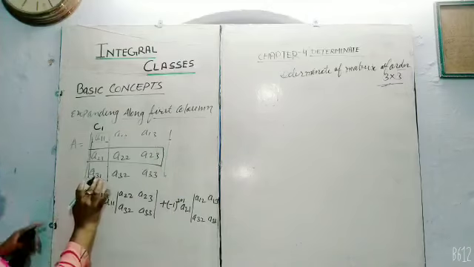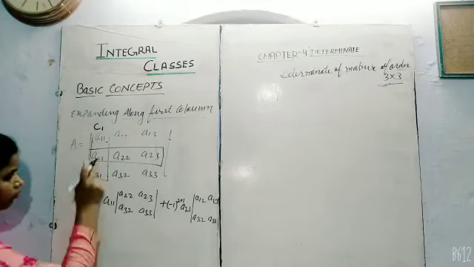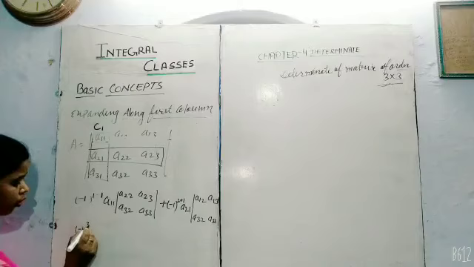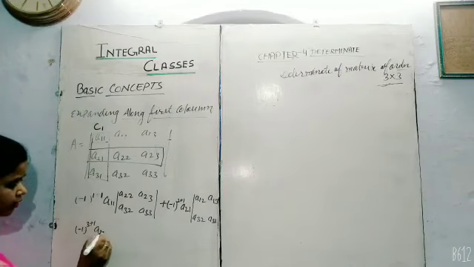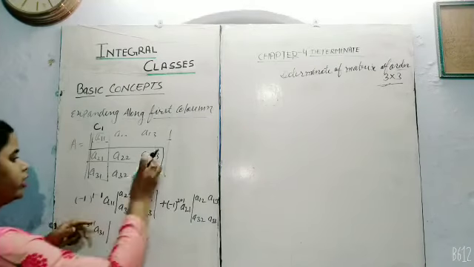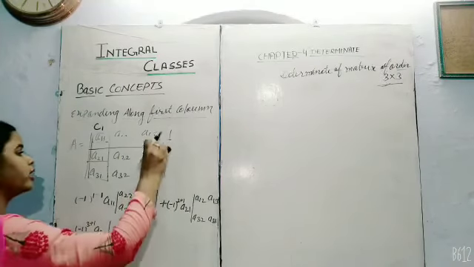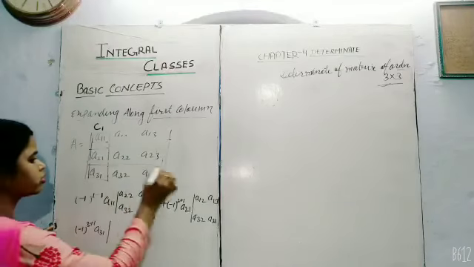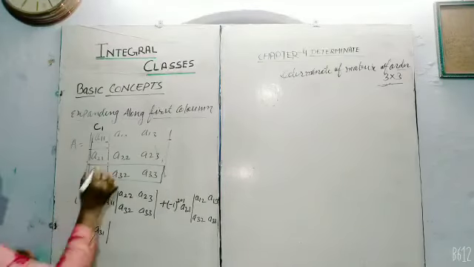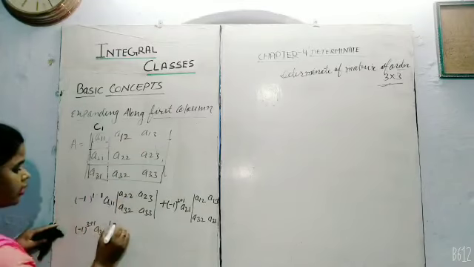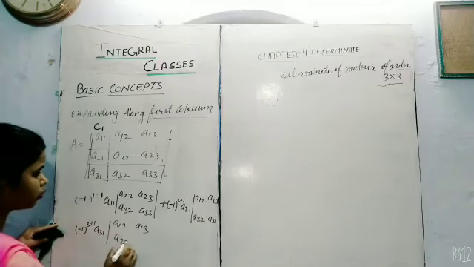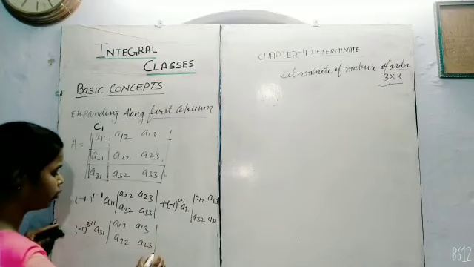Now for the third element of the first column, minus 1 exponent third row, first column, A31. Now which row is deleted here? The third row. So this row is deleted. The remaining are A12, A13, A22 and A23.